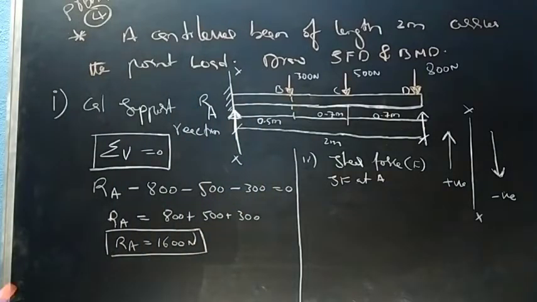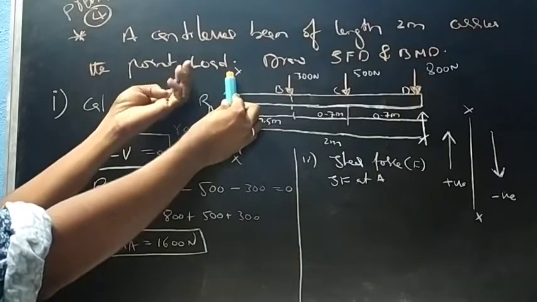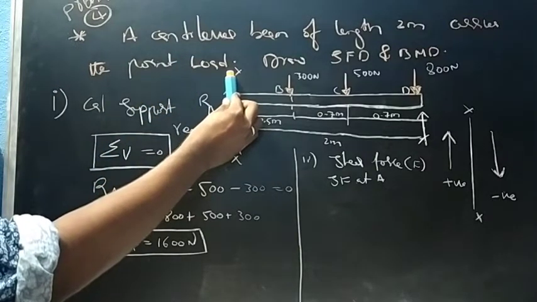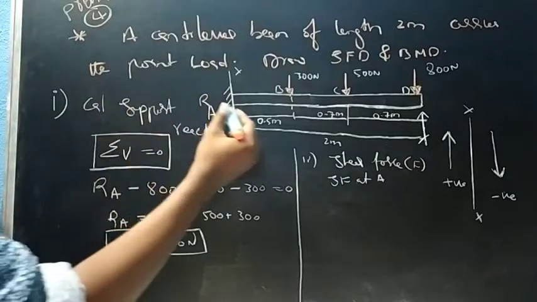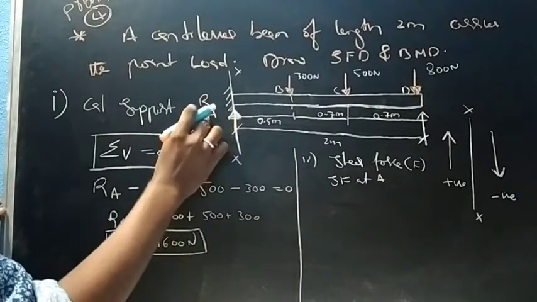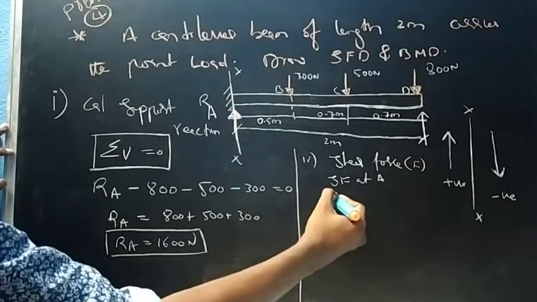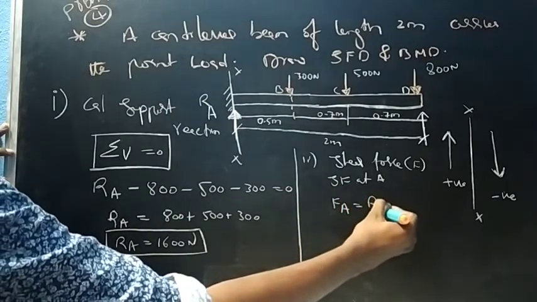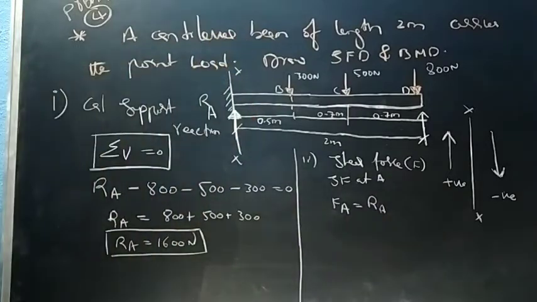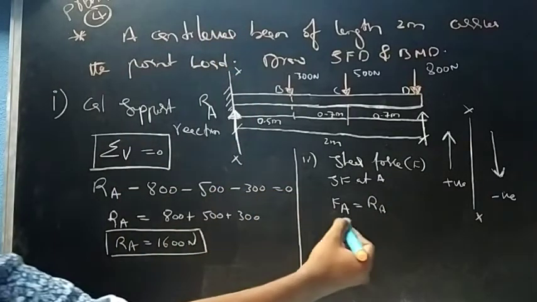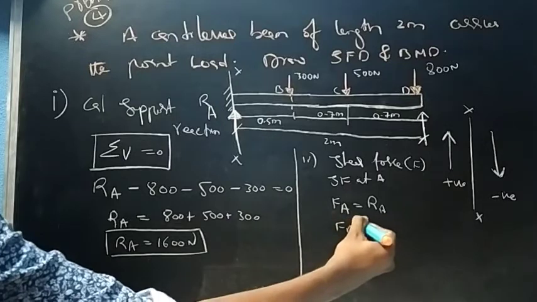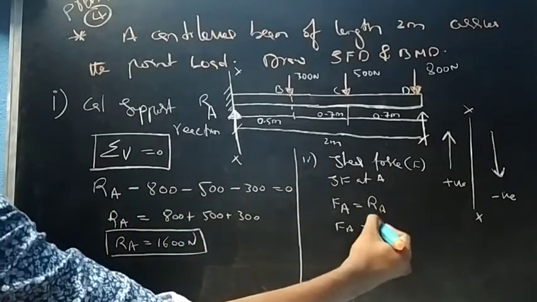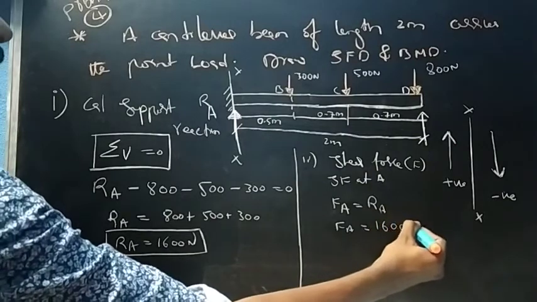I am taking this as the starting point of my shear force, that is RA. We know that FA will be equal to RA, because there is only one reaction, that is FA equals RA. What is RA? 1600 newtons.